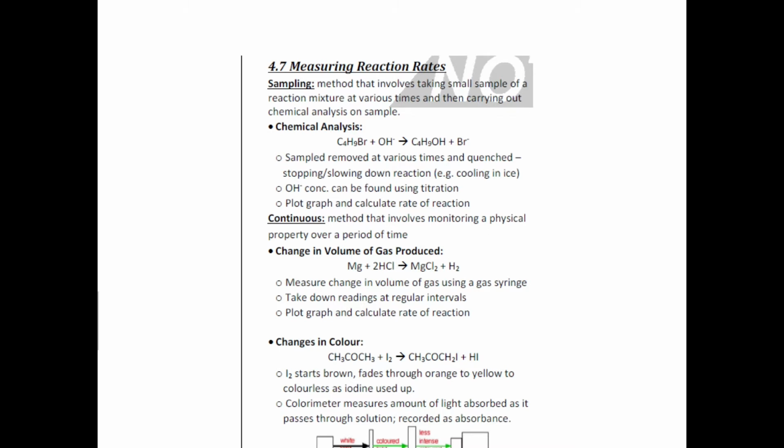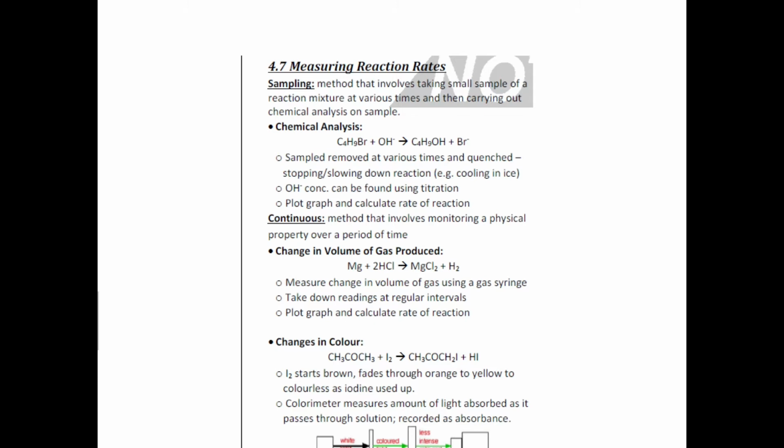4.7, measuring reaction rates. So there are many ways to do so. Okay, so you want to measure rate. So for example, you can measure the rate by measuring the volume of gas produced.